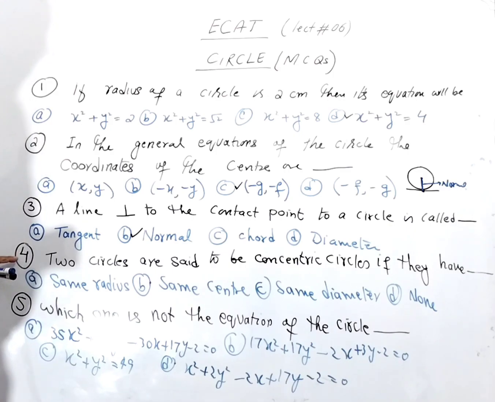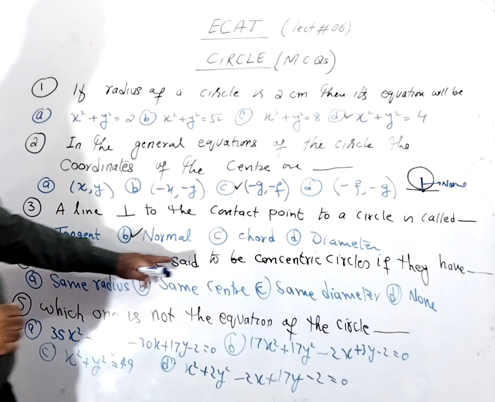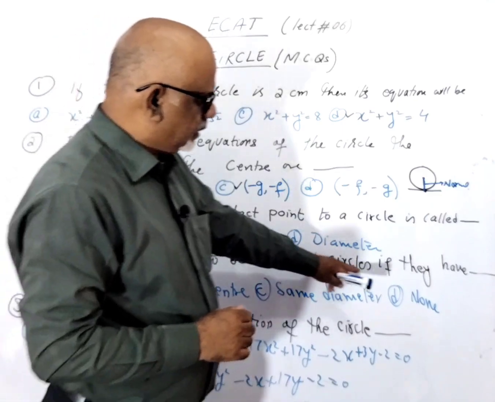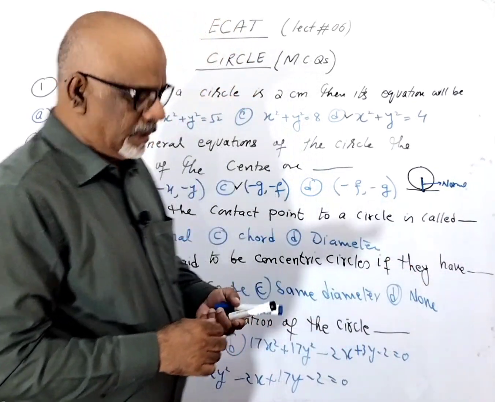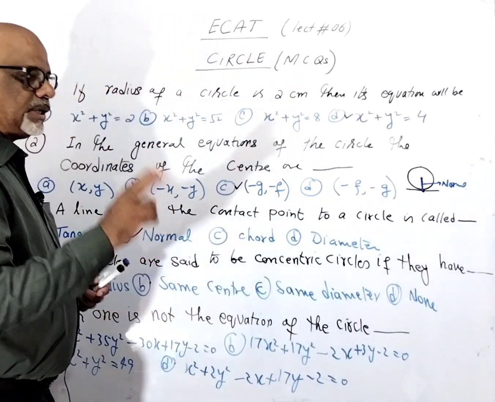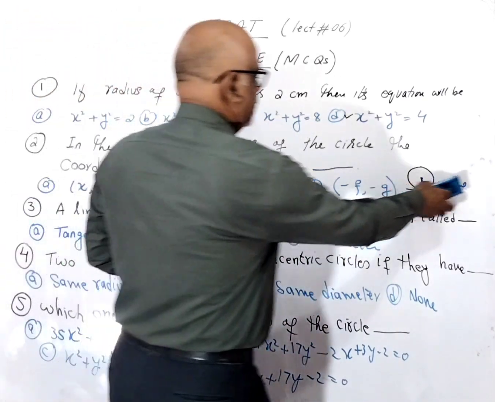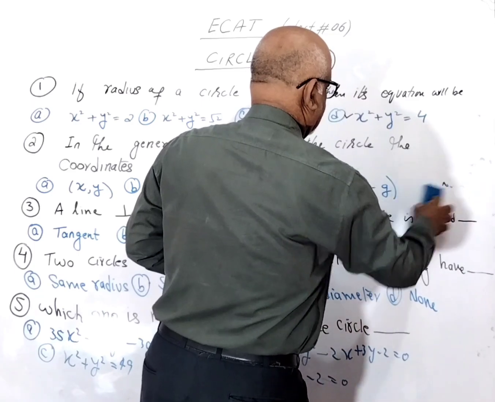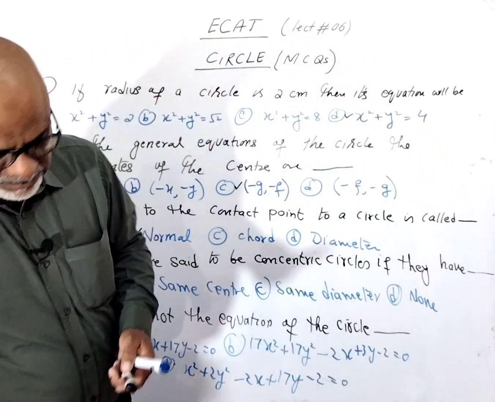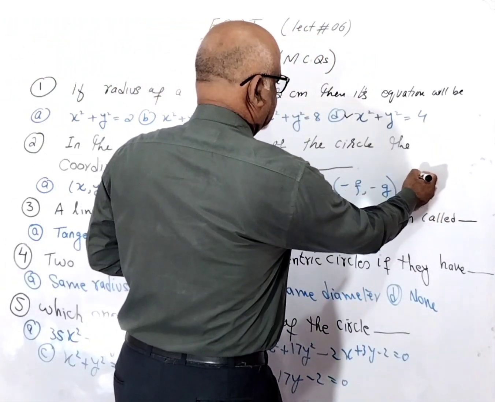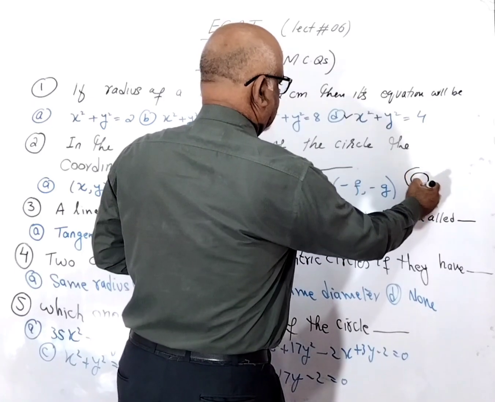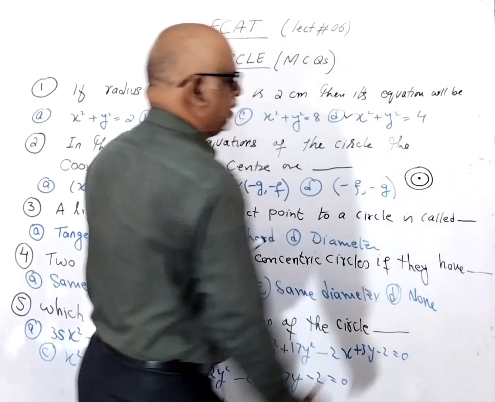Now come to the fourth MCQ. Two circles are said to be concentric circles if they have the same center. So here, like this, these are two circles having the same center.